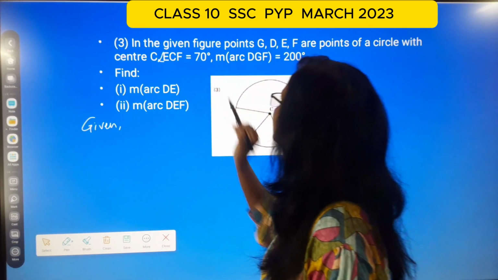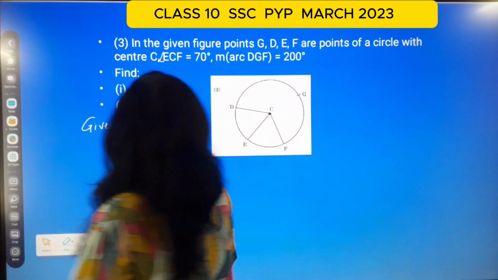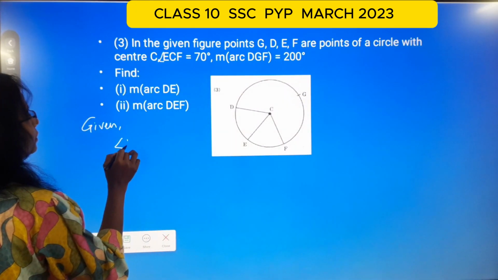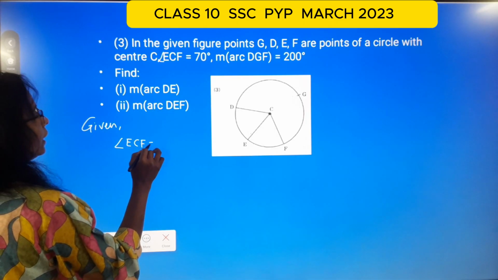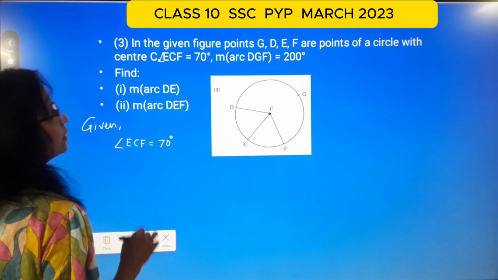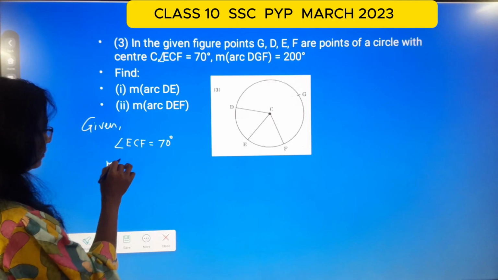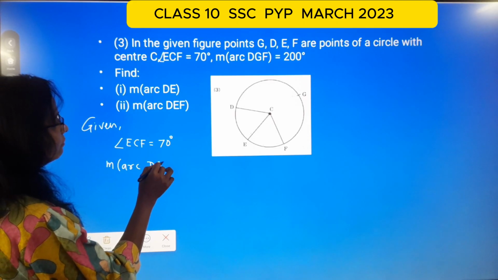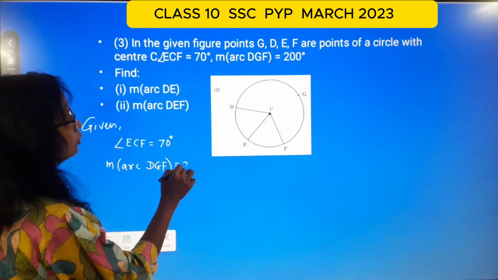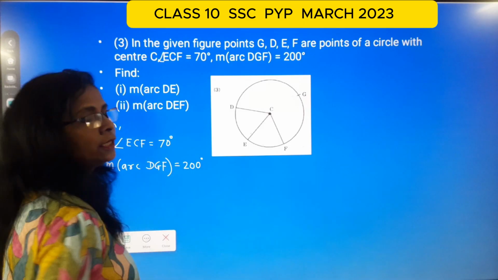That given is the angle ECF is equal to 70 degree, and the major arc DGF is equal to 200 degree.